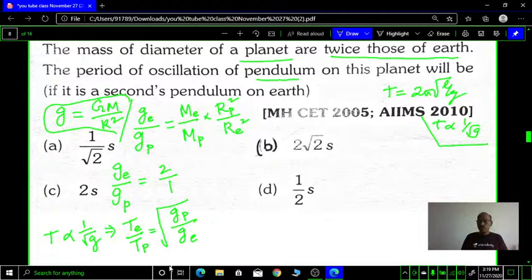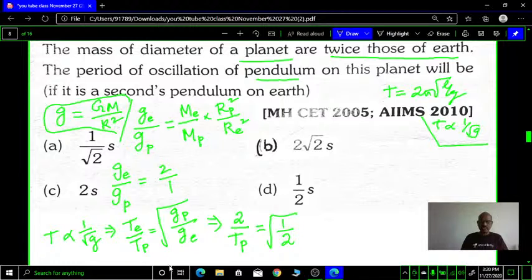If it is a seconds pendulum on the Earth, the time period of a seconds pendulum is 2 seconds. That is why the bracket is given. So T E will be 2 seconds. So time period on the Earth is 2 seconds by time period on the planet, which we need to find, that is equal to root of g E by g P, which is 2 by 1, g P by g E is 1 by 2, reciprocal, write it.